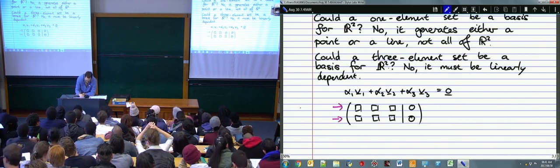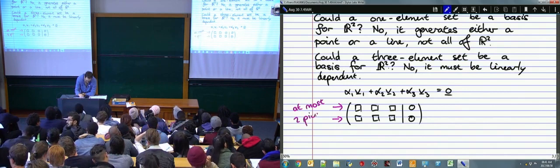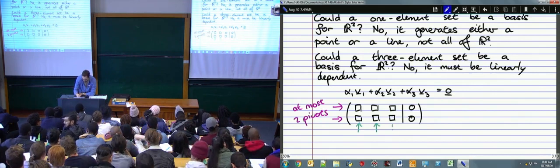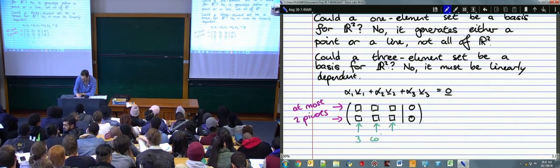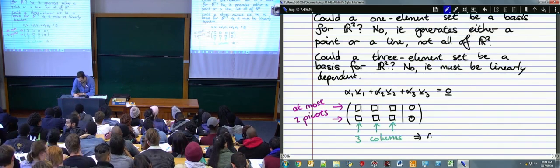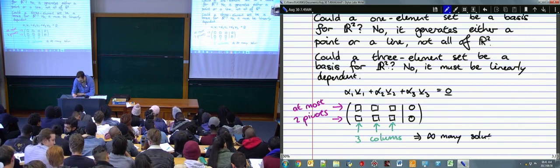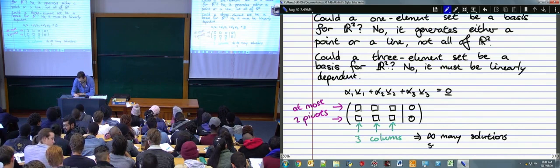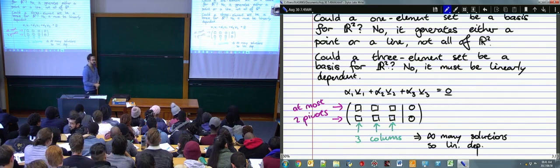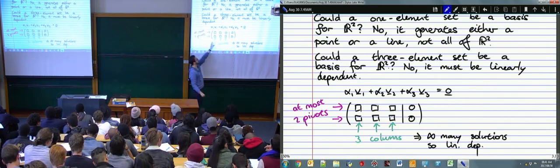So at most 2 pivots, but we have here 1, 2, 3 columns, and that implies infinitely many solutions. So linearly dependent.